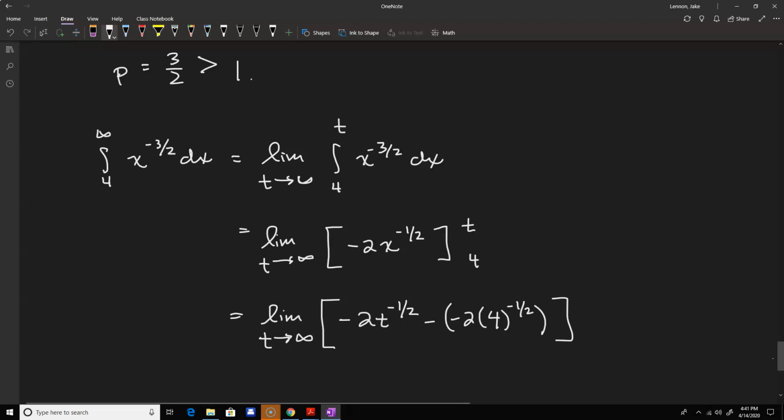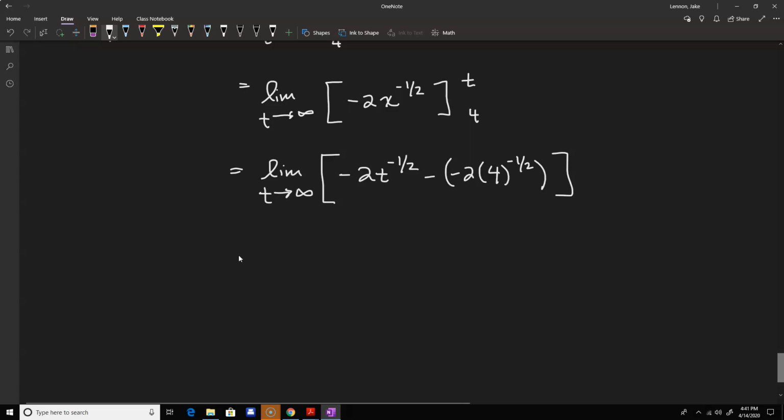So what we end up being left with is the limit as t goes to infinity of -2 over the square root of t plus 2 divided by the square root of 4. We can note that in this limit, the denominator gets very large, so that fraction goes to 0.